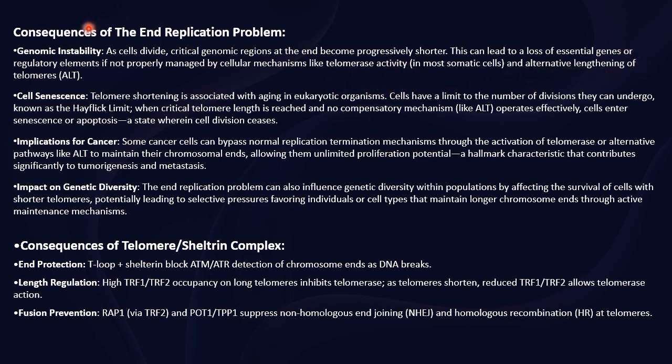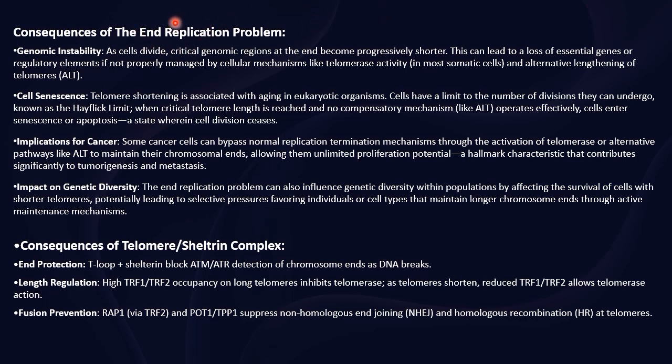If the telomere gets shortened, then during the cell's subsequent divisions, the newer cells will lack some essential genes which were present in the original parent cell due to the shortening of the chromosome, or due to the end replication problem.